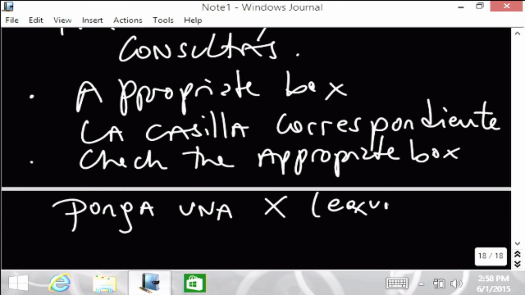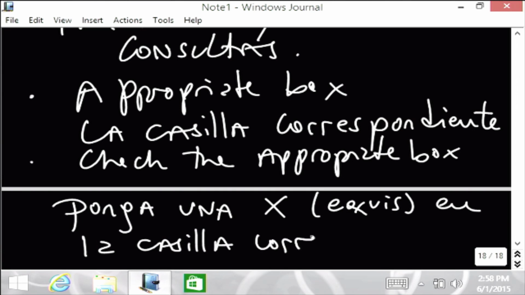X, en la casilla correspondiente. In a much lower register, you say pongo una palomita. Have you heard that? En la casilla correspondiente. But you see, in this case, check, we don't have a direct transfer of that verb. The verb really is ponga, pero ponga algo más. Ponga una X, ponga una palomita en la casilla correspondiente. Okay.